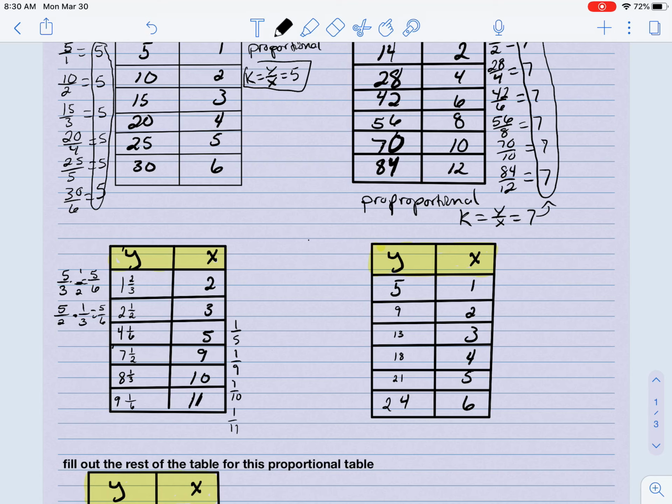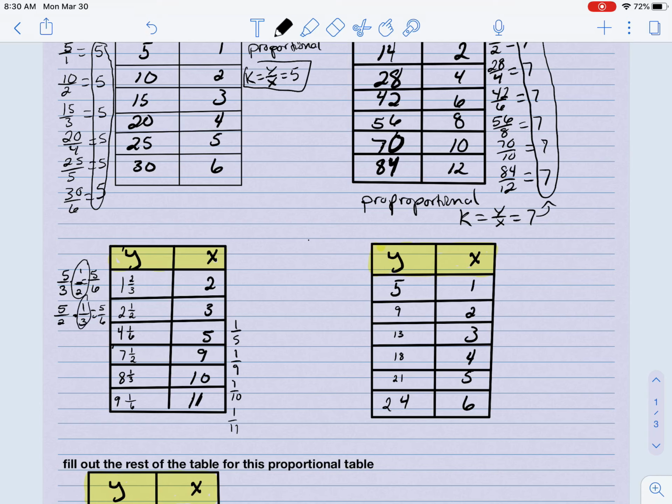When you divide fractions, it's keep, change, flip. We keep our first fraction, and instead of dividing by 2, we multiply by the reciprocal of 2, or the reciprocal of 3, the reciprocal of 5, and so on. That's why you see this 1/2 and this 1/3.